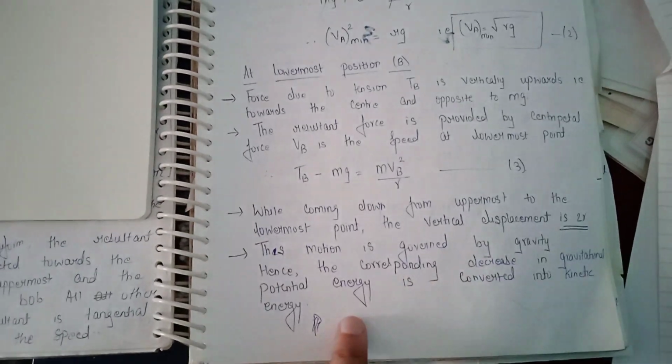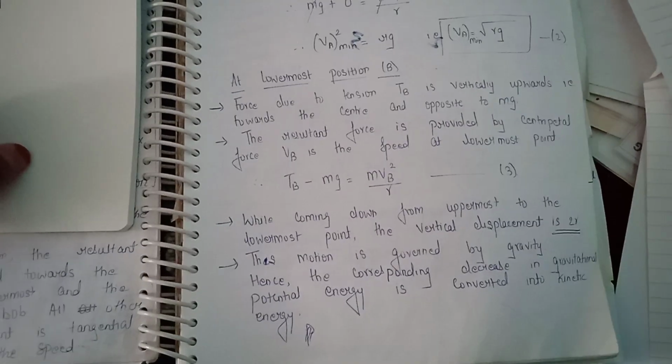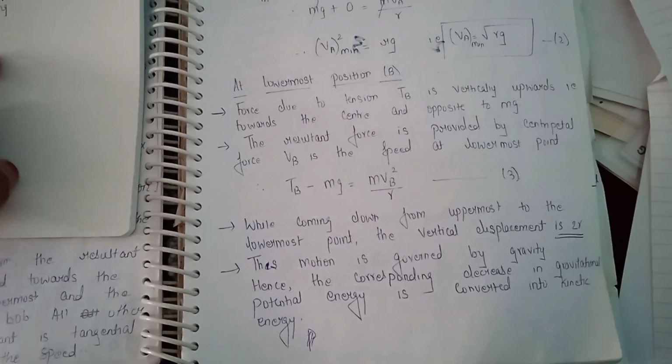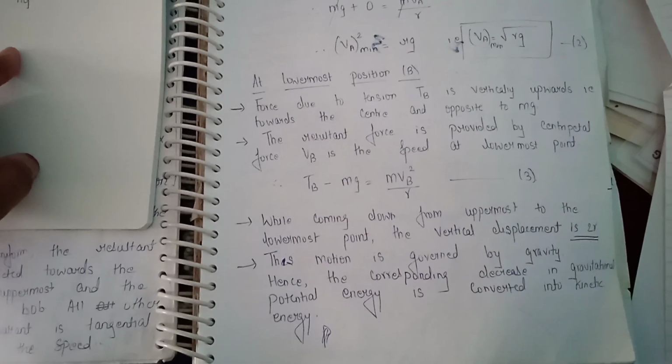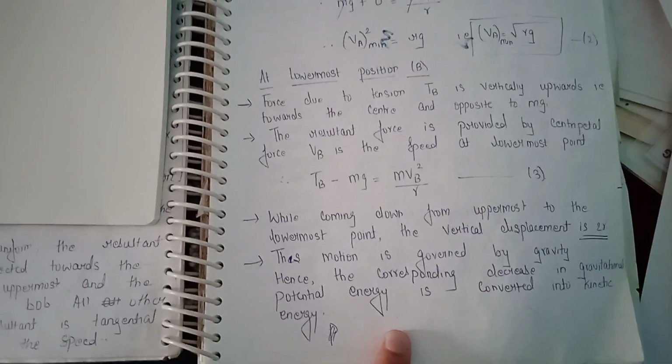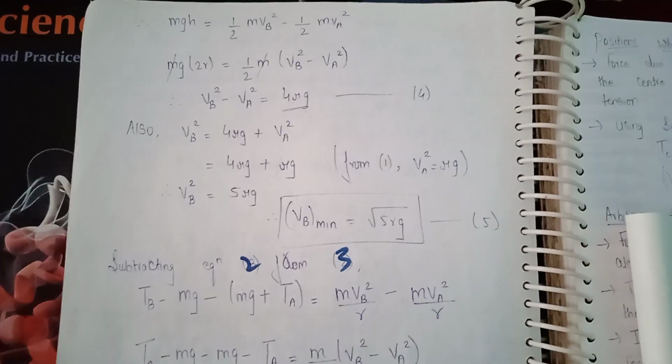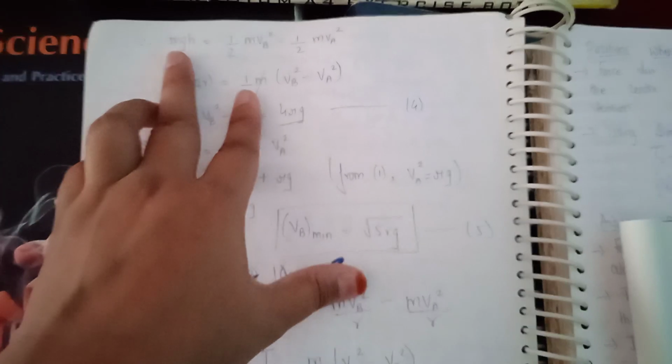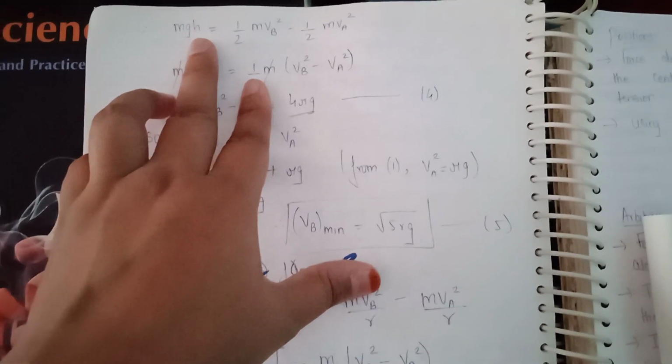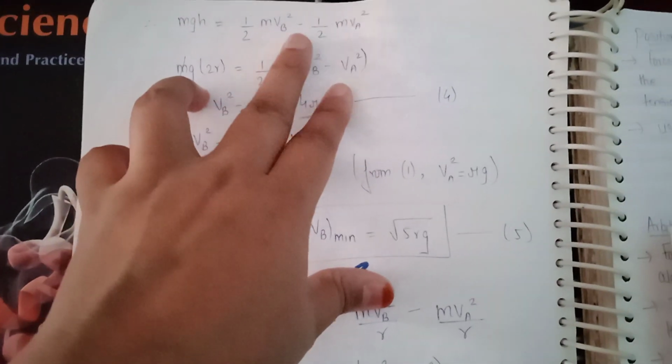Okay, and the motion is under gravity. So the decrease in gravitational potential energy is converted into kinetic energy. So the potential energy is mgh, which is converted into kinetic energy.